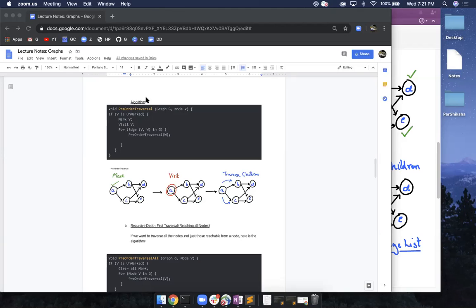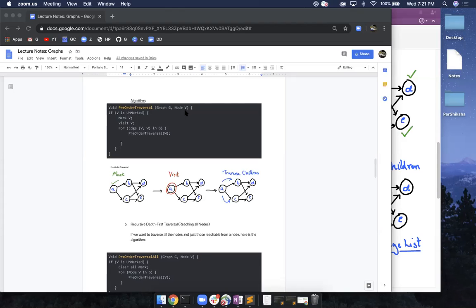And in this, what you end up doing is, first, you figure out if the node V that you started off with is unmarked, then you mark that node and then visit it and repeat the whole process for all the edges from V to W, right?